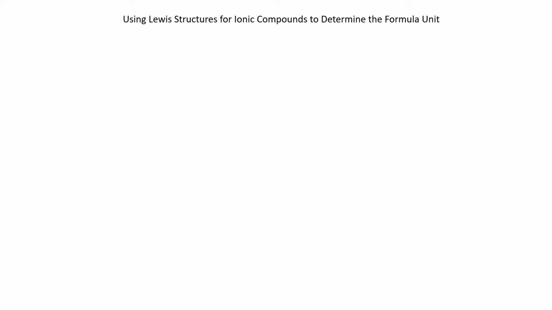So now we're going to look at using Lewis structures for ionic compounds to determine a formula unit. So we are given first sodium chloride. And while we can easily come up with the formula unit by another method, we can also use the Lewis structure.